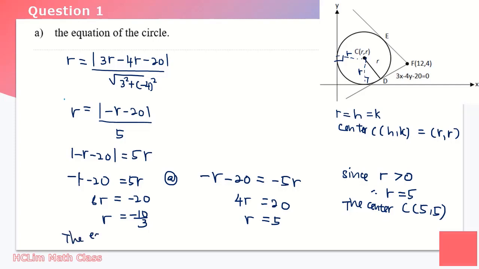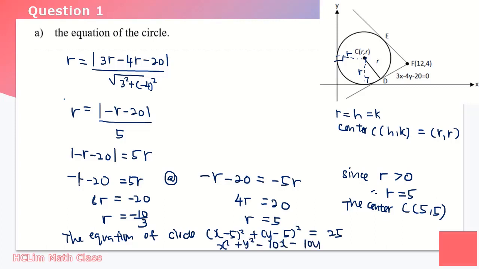Then the equation of the circle will be (x minus 5) squared plus (y minus 5) squared equal to 25. We try to transform it into the general form. So we have x squared plus y squared minus 10x minus 10y plus 25 equal to 0.